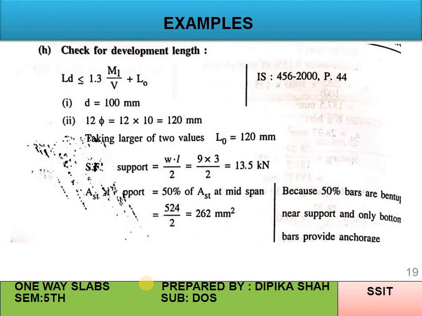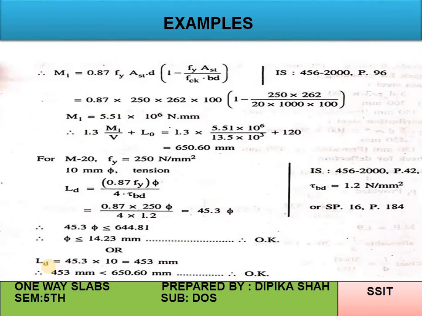So हम लोगों ने mid span में AST कितना provide किया था? 524 mm square. So उसको हम लोग divide by 2 करेंगे. So हमारा AST at support हो गया 262 mm square, because 50 percent bars are bent up, so near support only the bottom bars are provided anchorage, right?